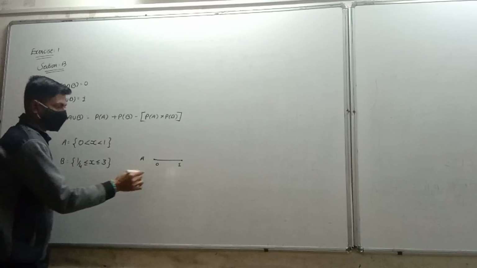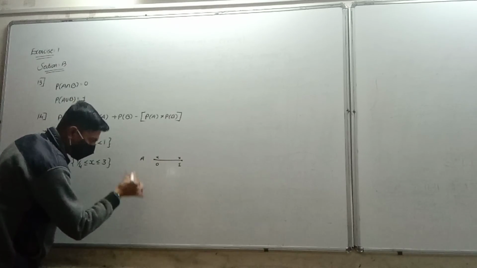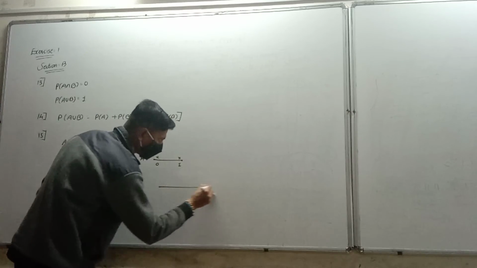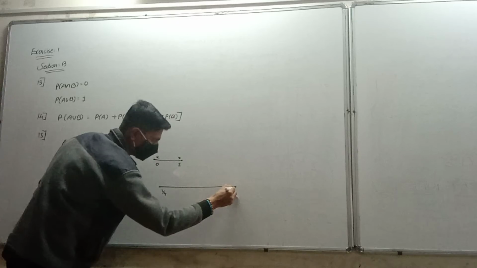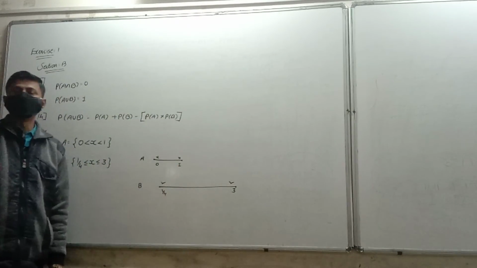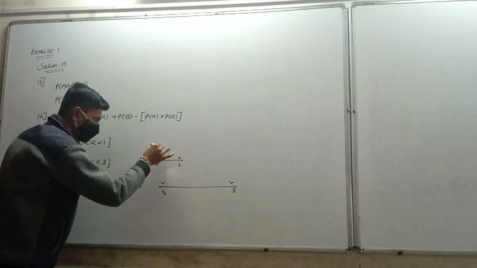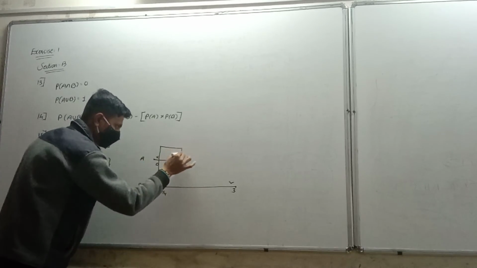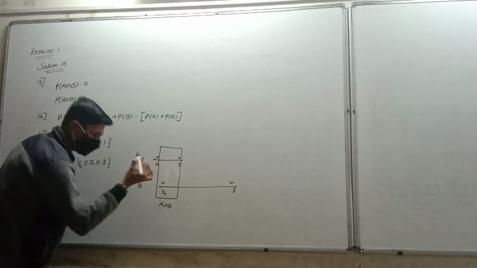Both the limits are not countable, that is, cross not involved. Event B: 1/4 to 3, both the limits countable. Intersection means common members in both the sets. This is our intersection.